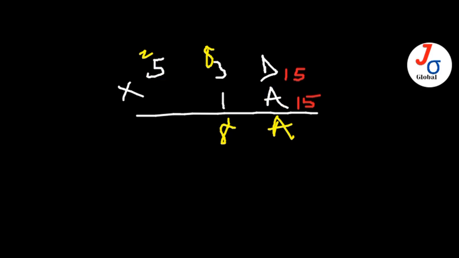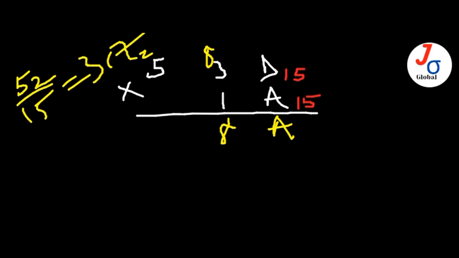A is 10, by 5 you have 50, plus 2 you have 52. That's greater than 15, so divide by the base, which is 15. And basically what you get is 3 remainder 7. So because that's the last digit, I'll just write 3, 7.